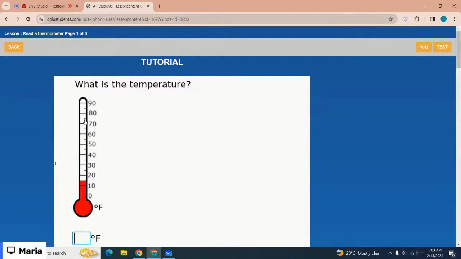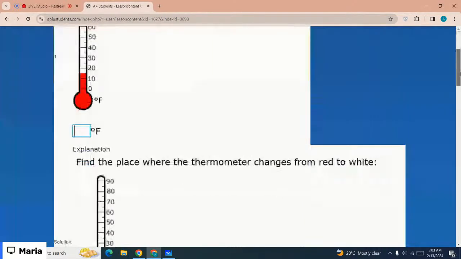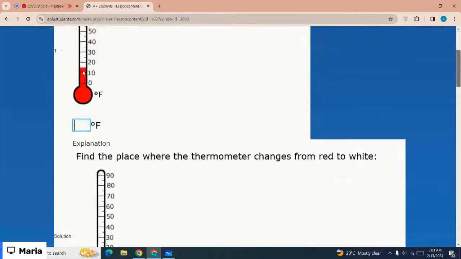Let's start with the first example. Thermometers look like this, and we have to see what the temperature on the thermometer is. You have to look for the red and white portion, the part where the color changes from red to white.